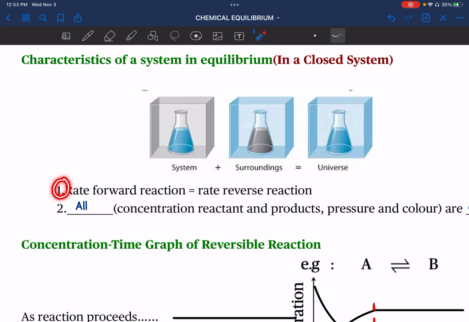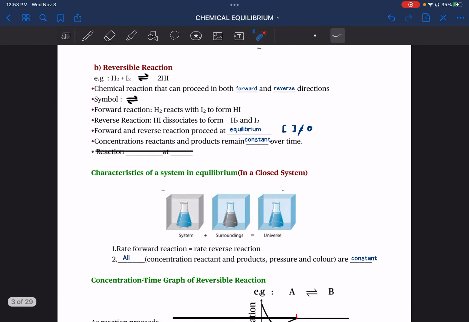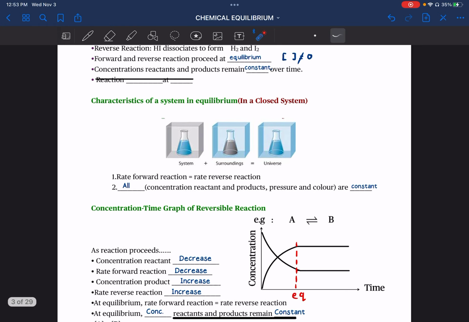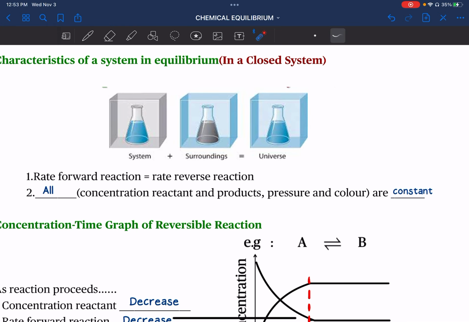The first one, the rate of forward equals to rate of reverse reaction. Okay, maksudnya at equilibrium, kadar dia tu sama. Kadar untuk forward reaction sama, kadar untuk reverse reaction also sama. Okay, so at equilibrium, all concentration of reactants and products, pressure, color are constant. Okay, maksudnya dia tidak akan berubah.